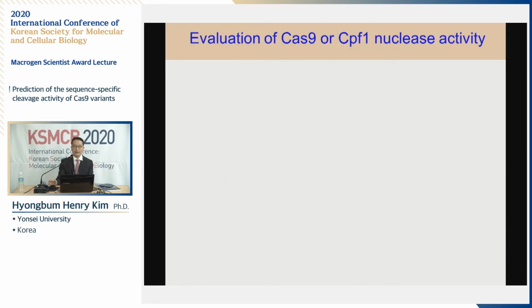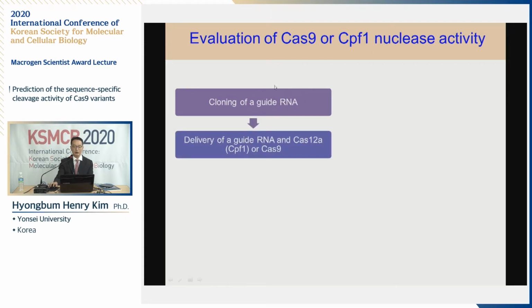So if you want to use Cas9 or Cpf1, you need to start from the cloning of one guide RNA. Then we deliver the guide RNA-encoding plasmid together with the plasmid encoding Cas9 or Cpf1.